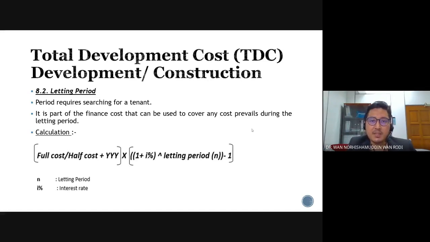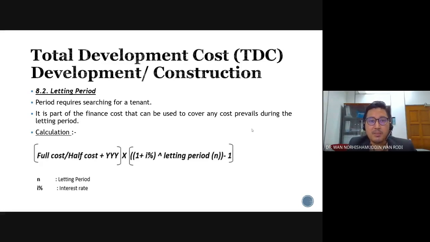You have to allocate a certain period of time to find a tenant. Within that period, the developer or the property owner needs to bear the cost of, for example, management, maintenance, insurance, repair. Sometimes it can be quite a substantial cost.